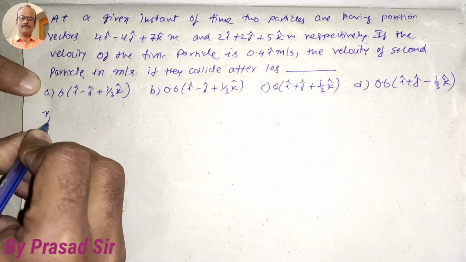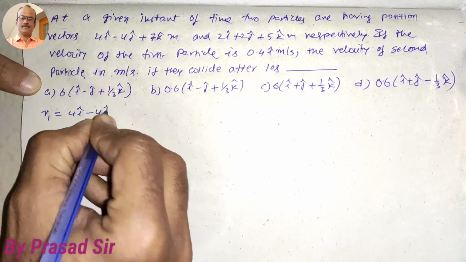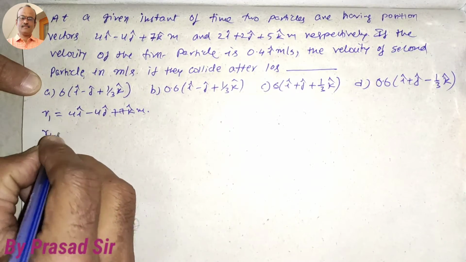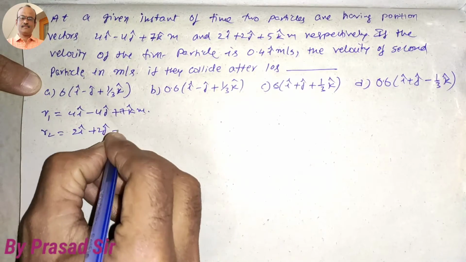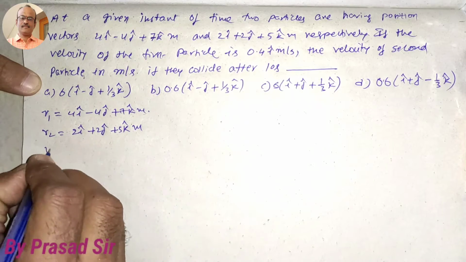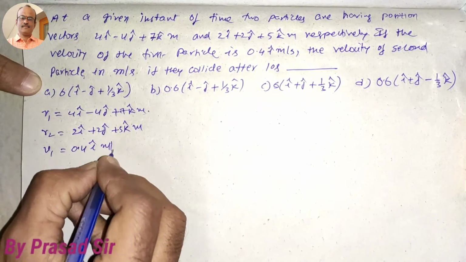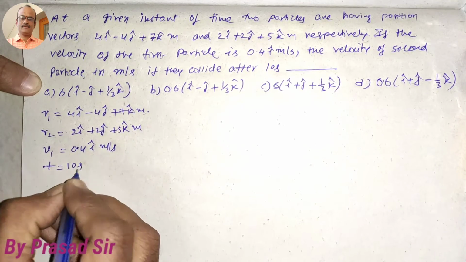The position vector r1 is 4i cap minus 4j cap plus 7k cap meters and r2 is 2i cap plus 2j cap plus 5k cap meters, velocity v1 is 0.4 i cap meters per second, and after 10 seconds they collide.